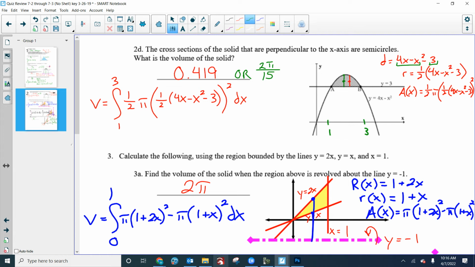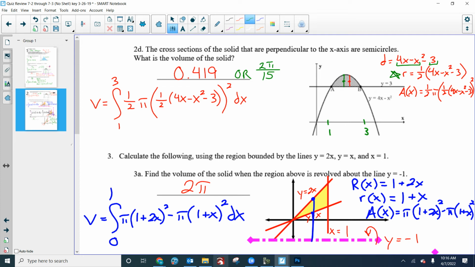Now, here's where I'm telling you, every year, make a mental note right now. Every year, if I put semicircles on the quiz, squares aren't so bad. Semicircles on the quiz, students might take half to go from diameter to radius, but then they forget the half for being a semicircle, or vice versa. They'll remember the half for the semicircle, but forget to take half to go from diameter to radius. So it's half the diameter to get the radius.